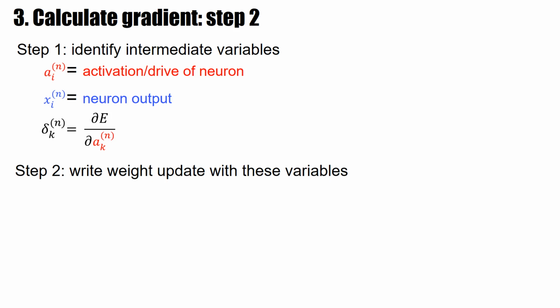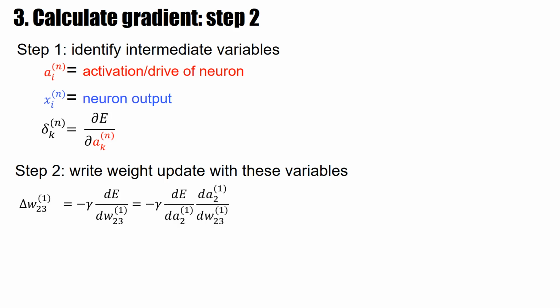So let's try to do this. We are interested in the change of a weight in layer 1, the weight from the third input neuron to the second neuron in layer 1, and this is just a gradient.